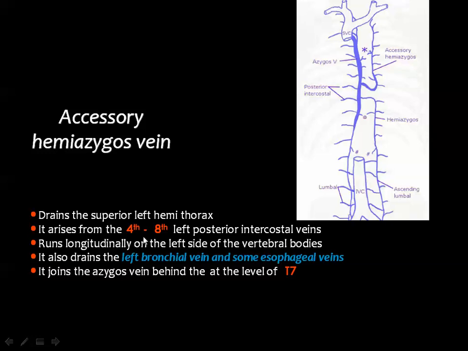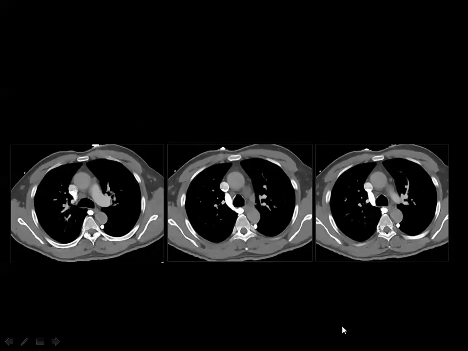It arises from the 4th to the 8th left posterior intercostal veins and it also drains the left bronchial vein and some of the esophageal veins. It joins the azygous vein at the level of the dorsal vertebra number 7.